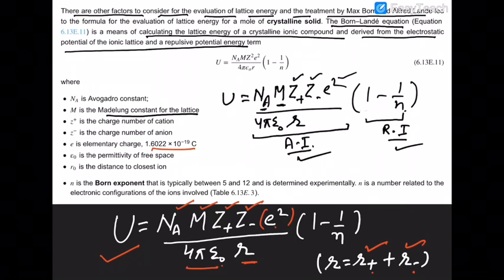So you can see it is the closest range when they are touching each other, and into 1 minus 1 by n, where n is called the Born exponent. The Born exponent is typically between 5 and 12 and is determined experimentally. The value is related to the electronic configuration of the ion involved. Is that clearly understood?